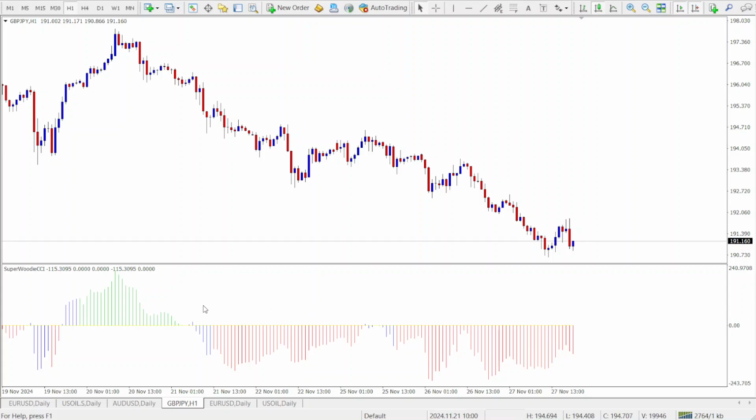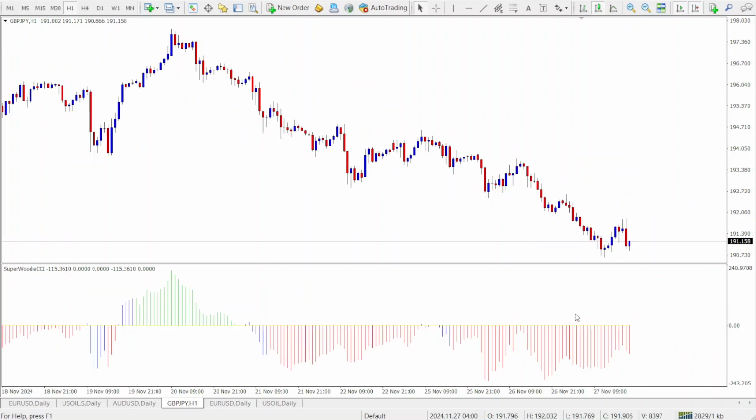For example, if you have the histogram bars above the zero level, which is going to be in the positive territory, then you have a bullish momentum. On the other hand, if you have the histogram bars below the zero level, in the negative territory, then you have a bearish momentum.